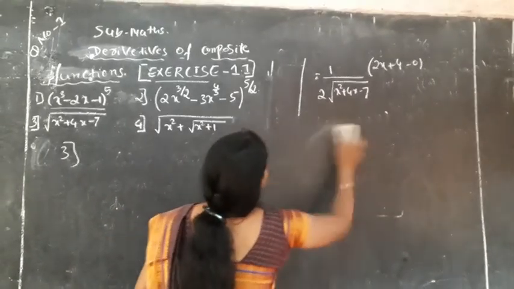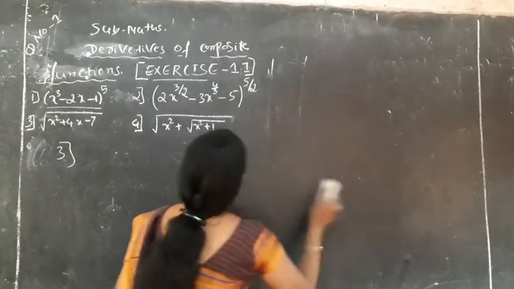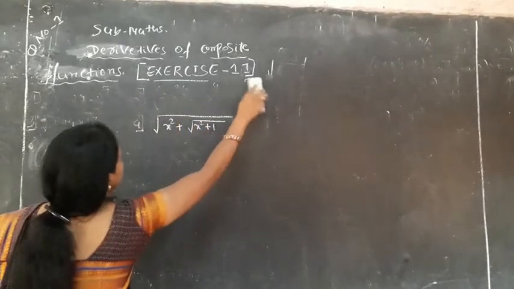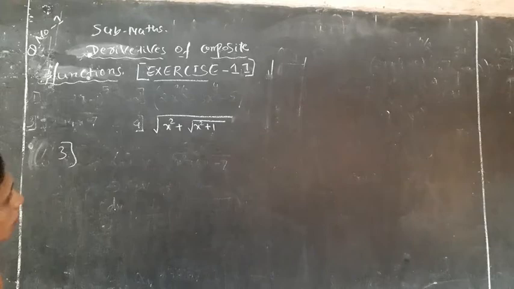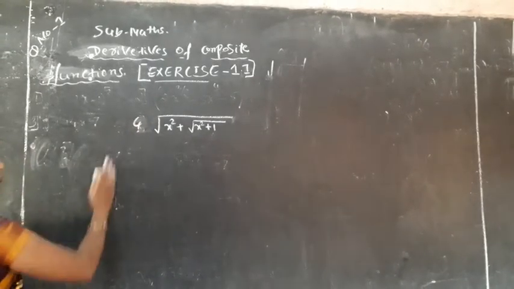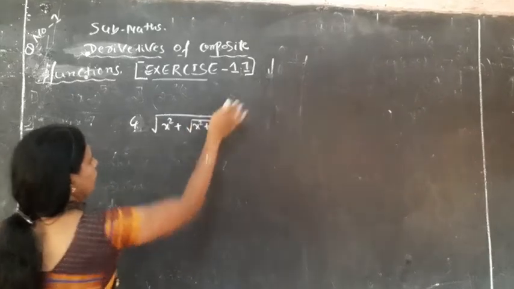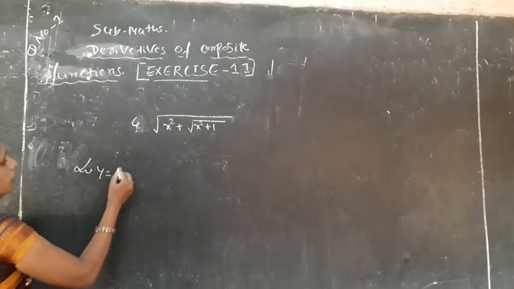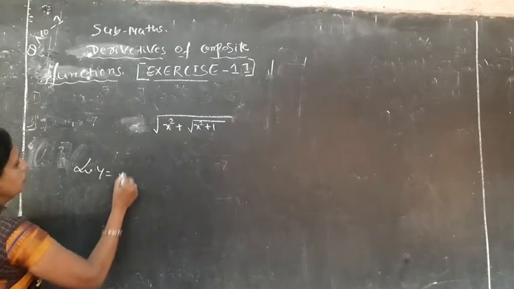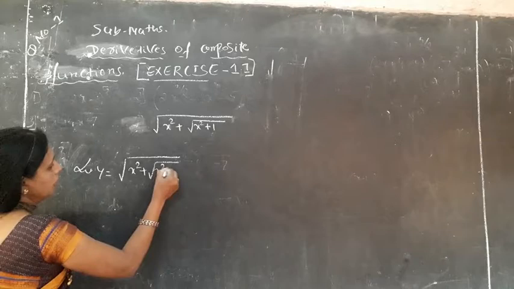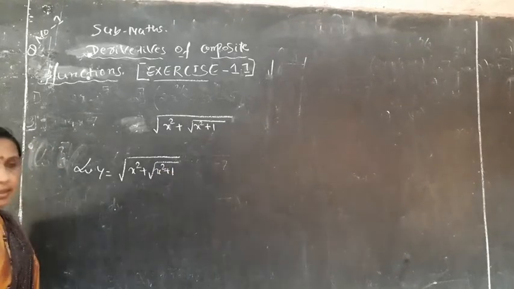That is example number 4. See, fourth example. First, define the function y equal to square root of x square plus square root of x square plus 1.